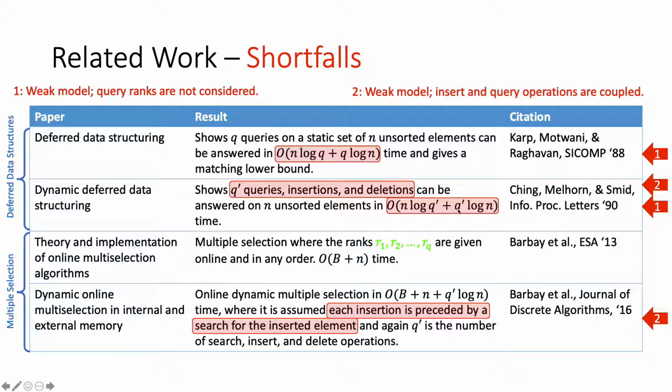If the number of insertions is linear in the number of total elements, this is just going to be n log n, not very interesting. And the same thing happens here. In particular, the requirement of each insertion being preceded by a search for the inserted element is going to make this B become quite large based on where the insertions are. And you can see it right here again: it's Q prime log n.